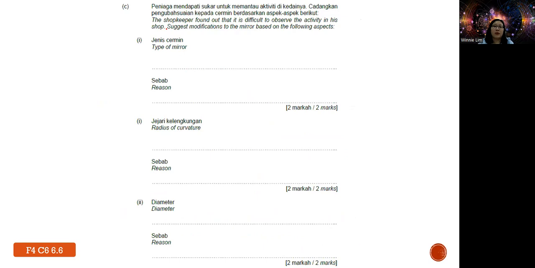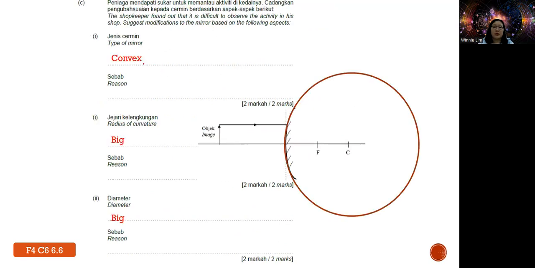Okay, move on. The shopkeeper found out that it's difficult to observe the activity in his shop. Suggest modification to the mirror based on the following aspects: what type of mirror, the radius of curvature, and the diameter. Okay, so first, you will use a convex mirror. Reason: to produce an upright image.